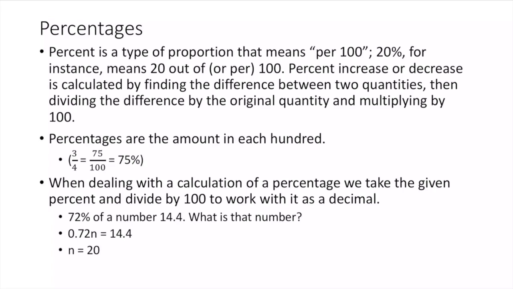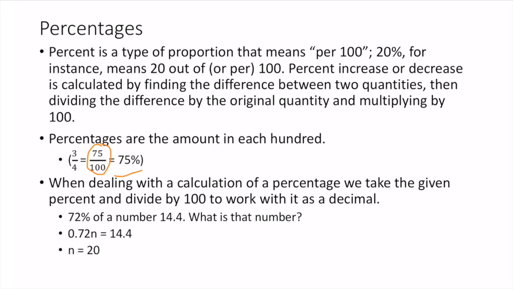Percent increases or decreases, we can calculate those by finding the difference between two quantities, then dividing the difference by the original quantity. Percentages are the amount in each 100, so 3 out of 4 is also 75 out of 100, which gives us 75%.